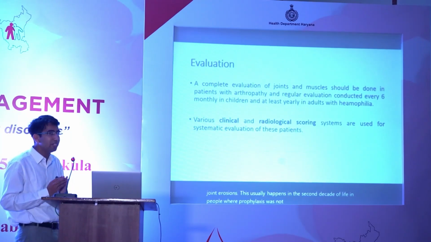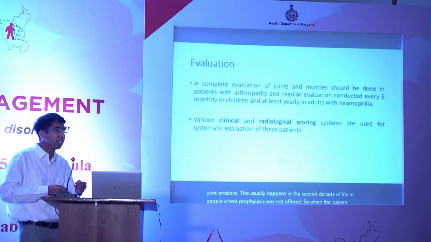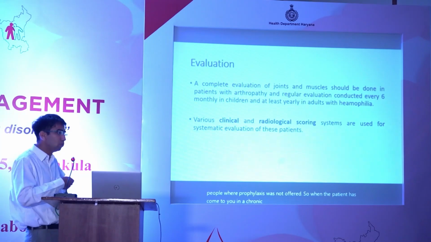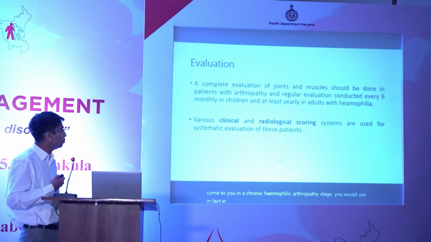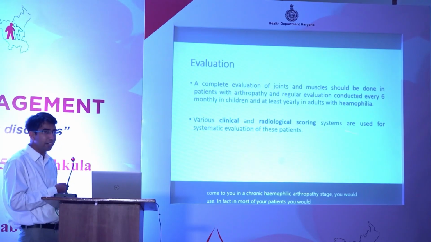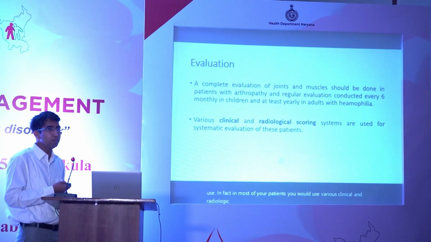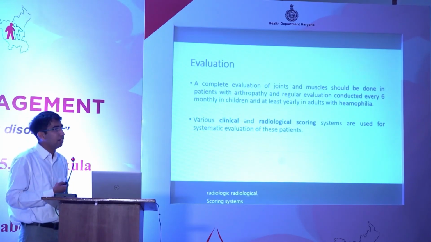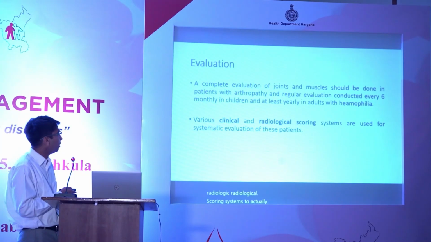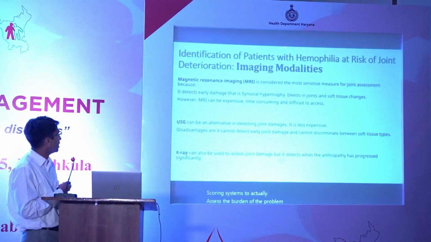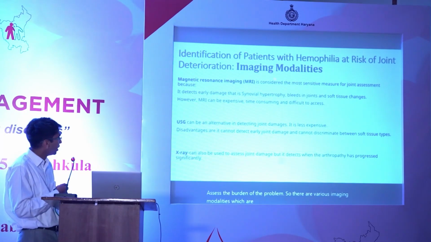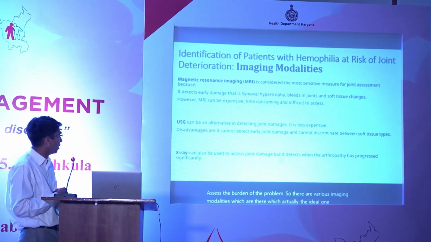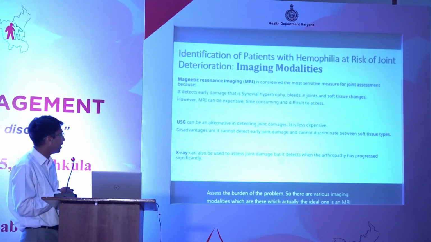So when the patient has come to you in a chronic hemophilic arthropathy stage, in most of your patients you would use various clinical and radiological scoring systems to assess the burden of the problem. There are various imaging modalities, of which the ideal one is an MRI, and we can also use ultrasound and X-rays.